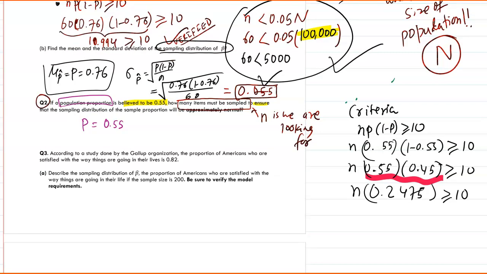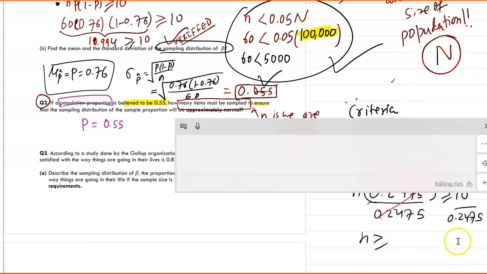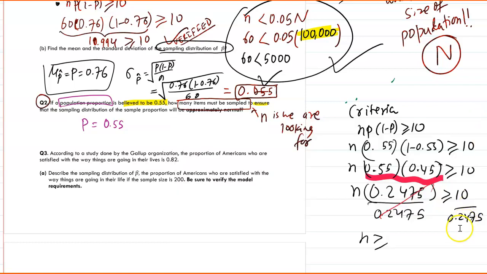But notice that to solve for n, you divide by 0.2475, and n is greater than or equal to 10 divided by 0.2475.